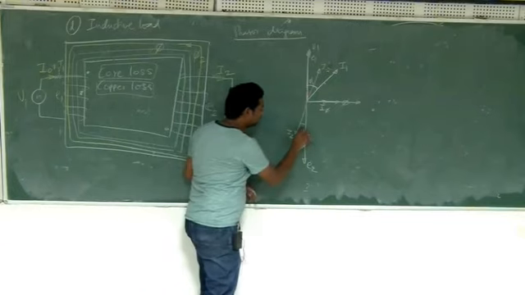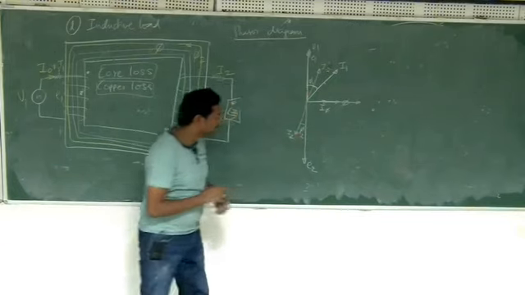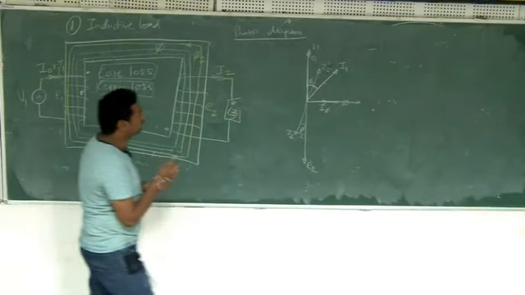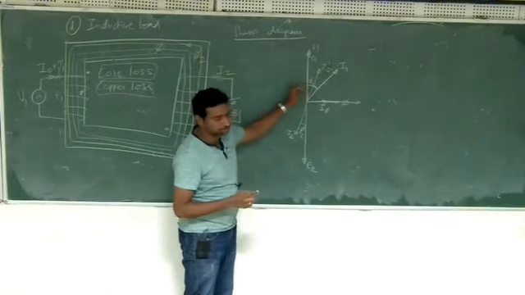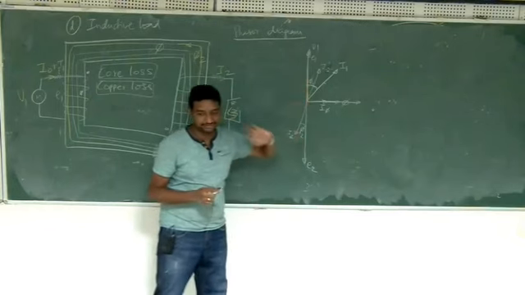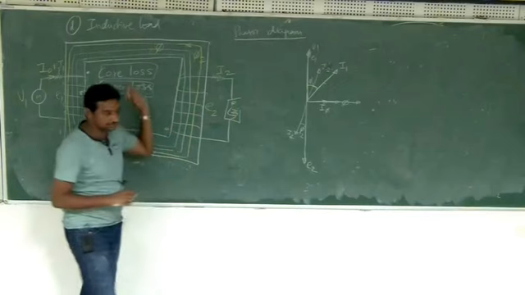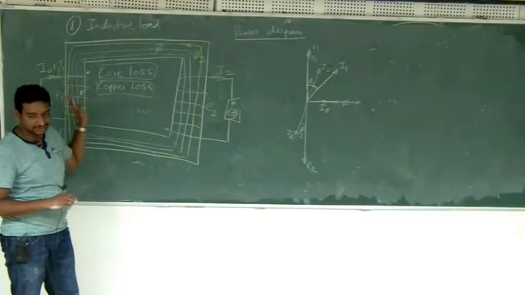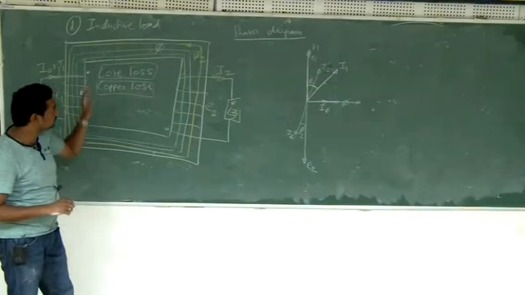This is the secondary side power factor angle. If you see, the primary side power factor is poorer compared to the secondary side, because on the primary side there are also the windings in between. There is some inductance here.